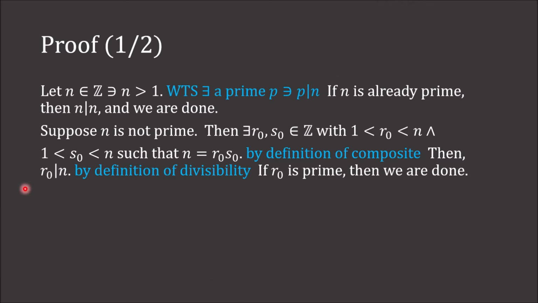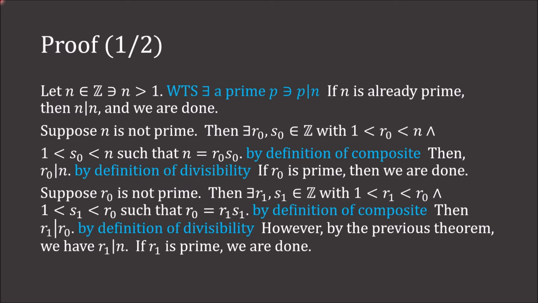Well, then r0 must divide n. Now, if r0 is prime, we're done. We found our prime. Well, instead, let's suppose that r0 is not prime. Then there have to be integers r1 and s1 with 1 less than r1 less than r0, and 1 less than s1 less than r0, such that r0 is equal to r1 times s1.